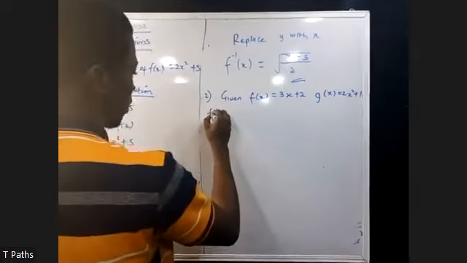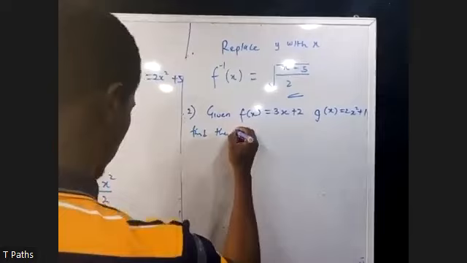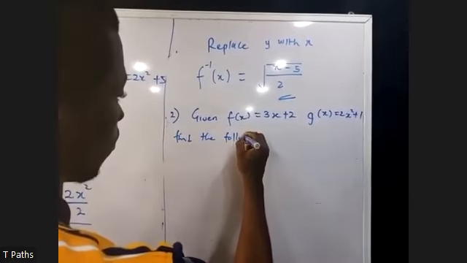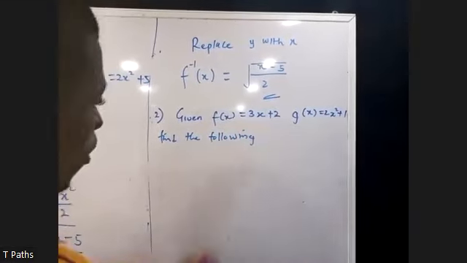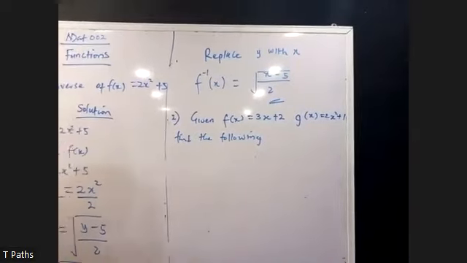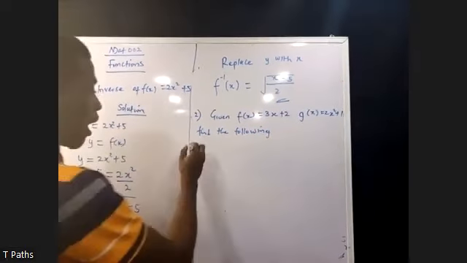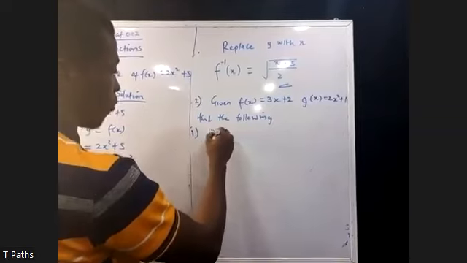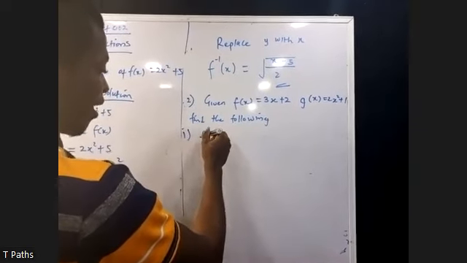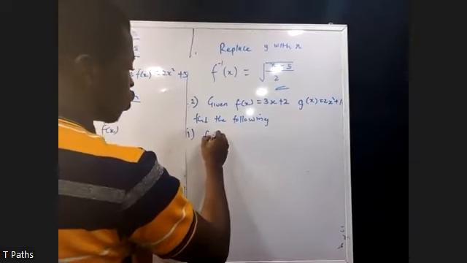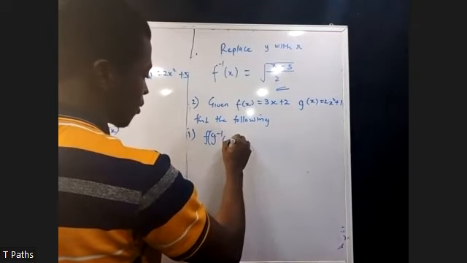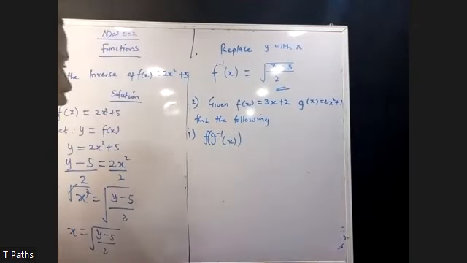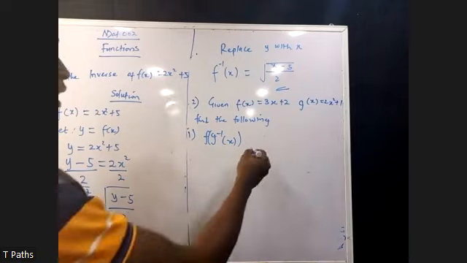So find the following. All right. So the following will be: I have f of g inverse of x. f of g inverse of x.